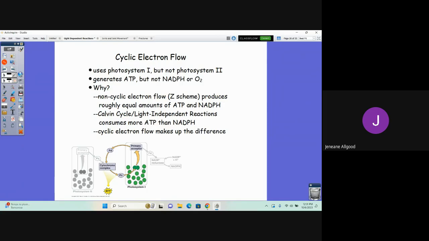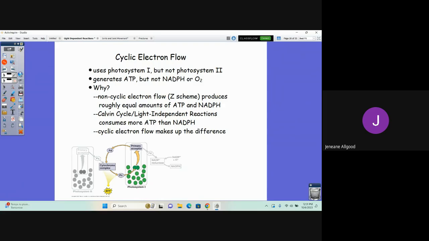Photosystem 1, electrons get excited to here. We still pass to ferredoxin, but now instead of just passing to NADP plus reductase, which would make NADPH, we don't need more NADPH. We need more ATP. So we basically got to repeat the chemiosmosis step, okay?